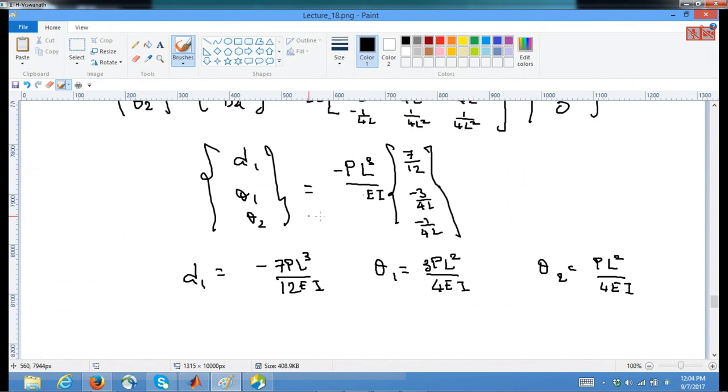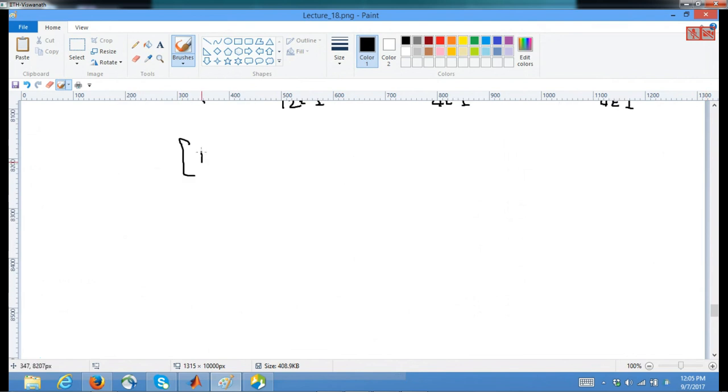Once you know this du, using the second equation, you'll be getting the reaction forces at the end.